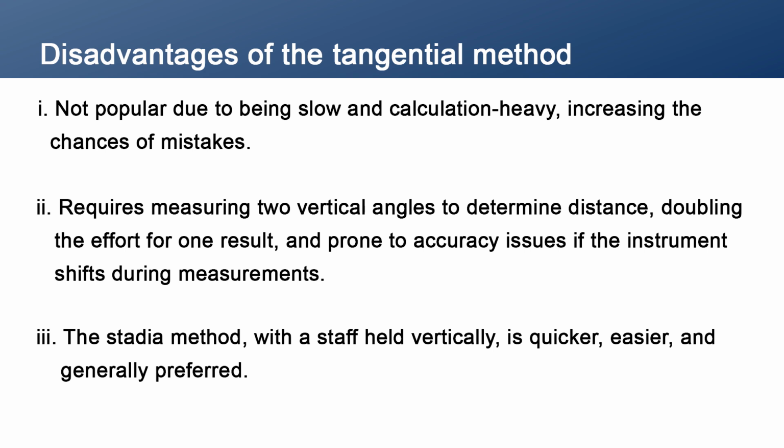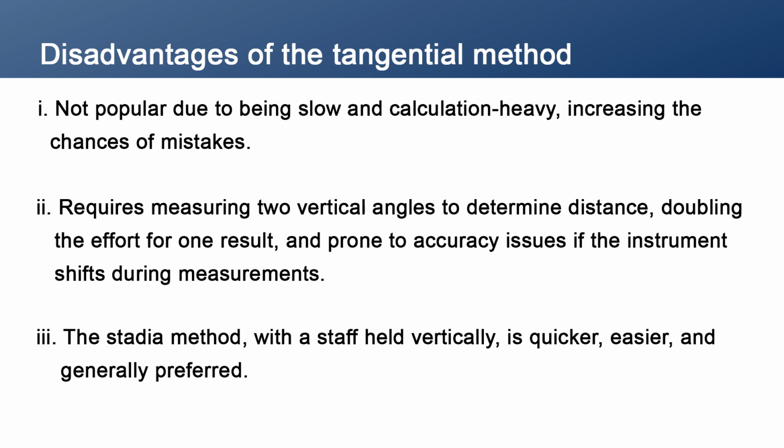Again, the instrument might shift slightly while you are taking the measurement, which can affect the accuracy. These issues make the tangential method less favored compared to the stadia method, where using a staff held vertically is quicker and easier. So, if you are using a theodolite, kindly stick with the stadia hair method as it is a better choice.